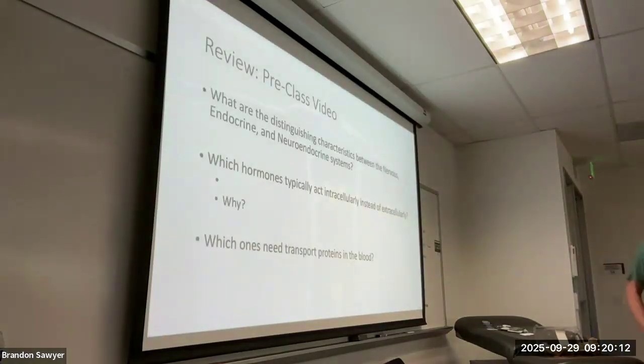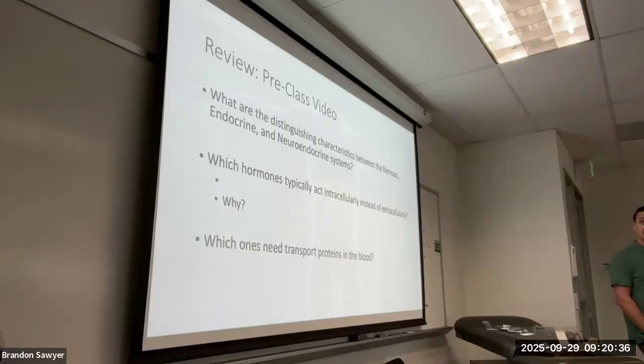So this is one of those new slides. Take a sec with the person next to you and review these things. What are the distinguishing characteristics between those three different control mechanisms in the body: nervous, endocrine, and the neuroendocrine? And then this other key issue of how hormones act and how they interact with a cell.